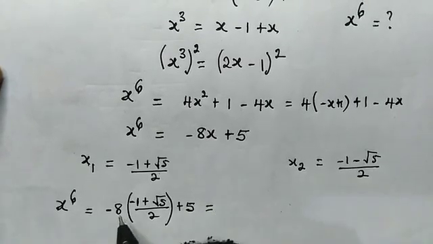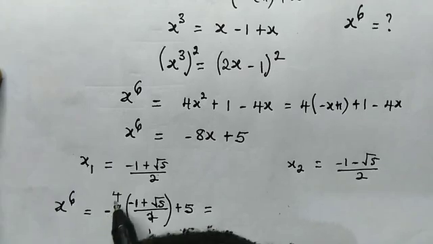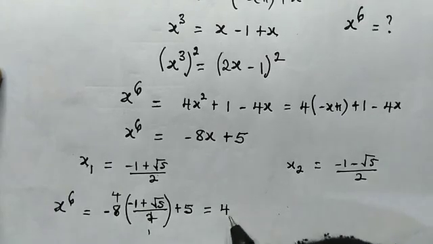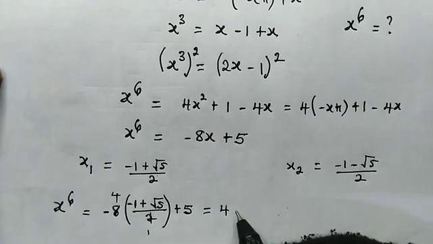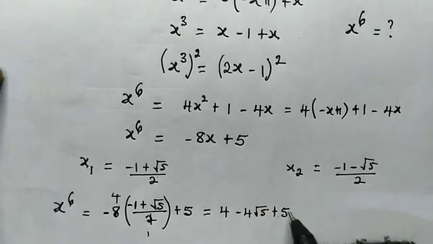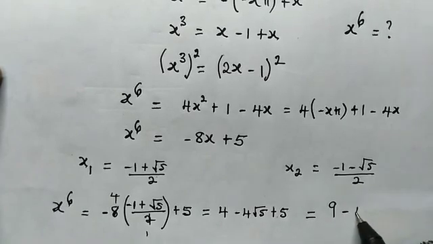The 2 here cancels with the 8, leaving 4, so we open the bracket with negative 4. Negative 4 times negative 1 gives 4, negative 4 times positive root 5 gives negative 4 root 5, then plus 5. So this simplifies to 4 plus 5, which is 9, minus 4 root of 5.